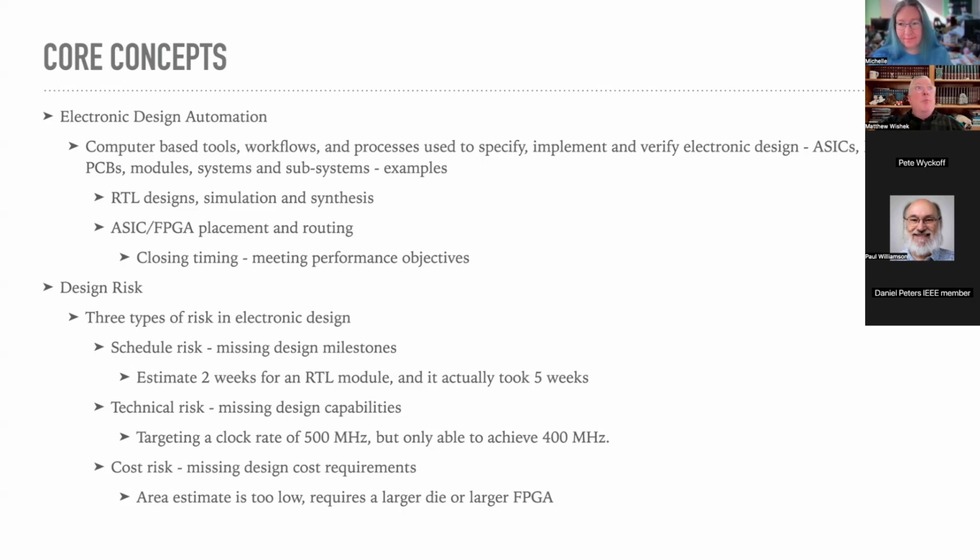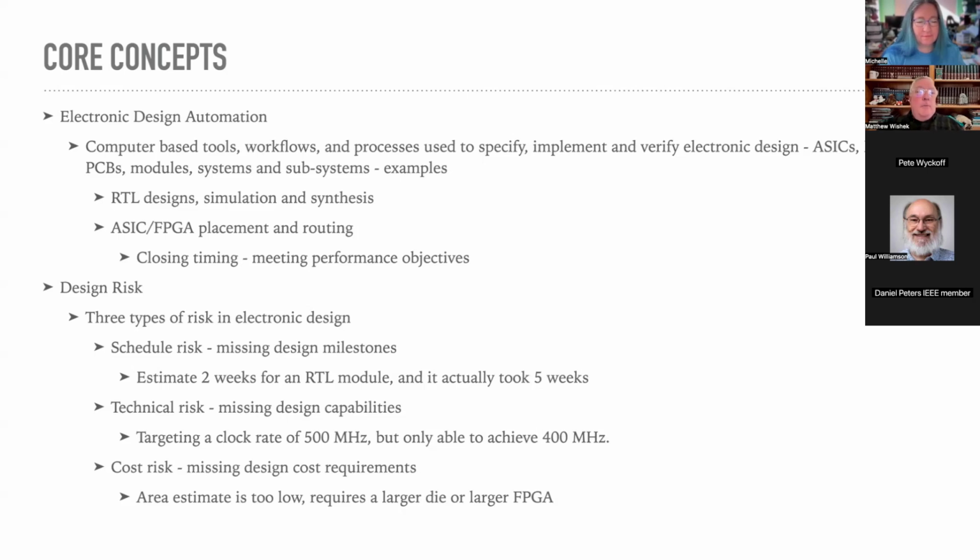I've maybe worked on only one project that came in on schedule over my many years of doing this. It creates problems if you're trying to meet customer deadlines or get product available for various activities. Like we had hoped at one point that the MSK modem we've been working on would fly on the sounding rocket this last summer, and we were far from meeting that hope. But that's fine. Sometimes schedule risk is part of the game.